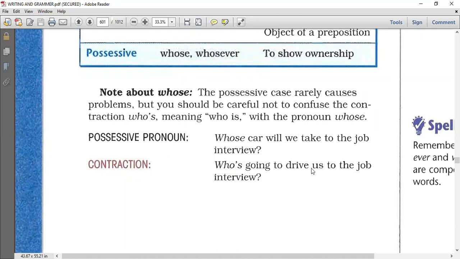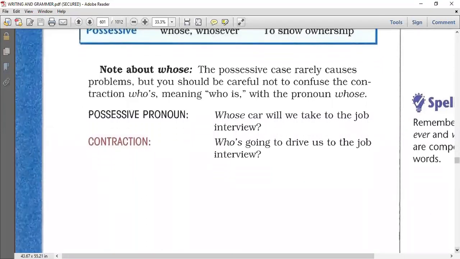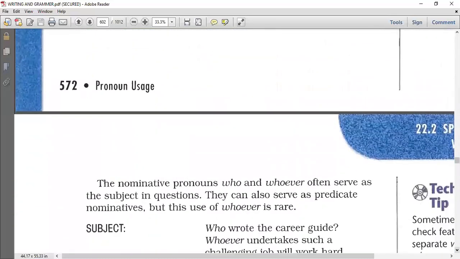Contraction: who's going to drive? Who is? Can we say who is car? So make it who is and see if you are confused. If it makes sense, it's who's with apostrophe. If it doesn't make sense, it's whose without apostrophe. Same stuff with it's and its. Sorry.